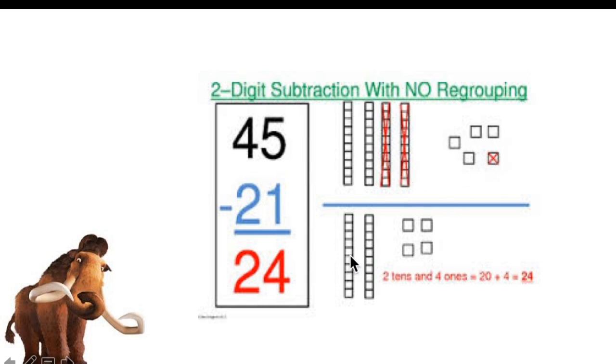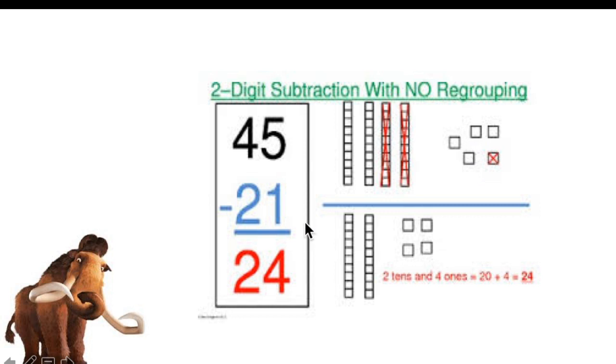You want to take 21 away. So you will cross out 2 tens, because 2 tens are 20, and you will cross out 1 one. 2 tens and 1. Cross it out. What will be left is 2 tens and 4 ones. So the answer will be 24.